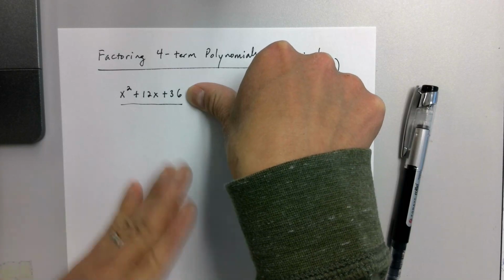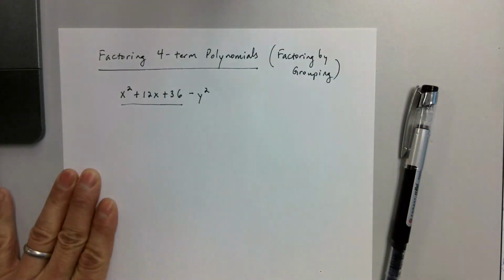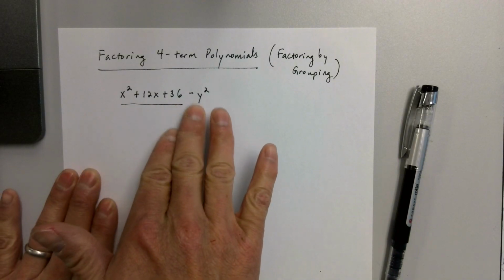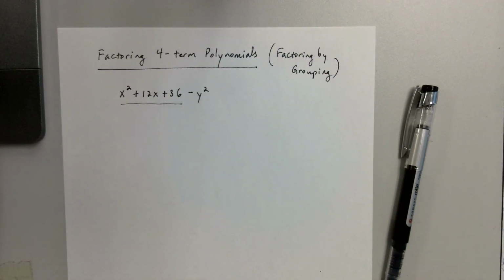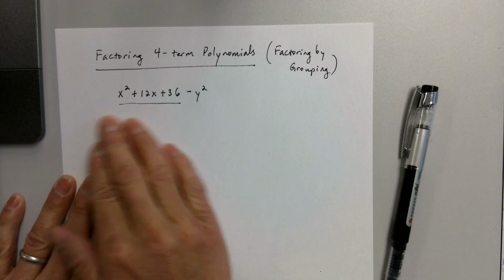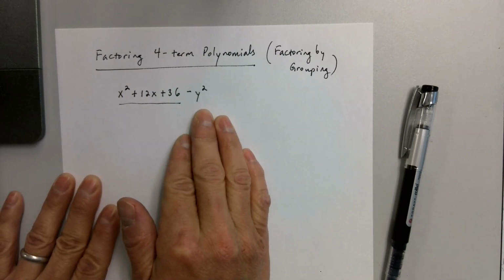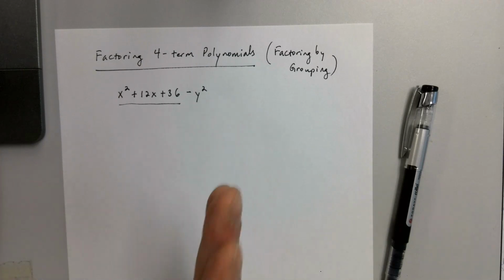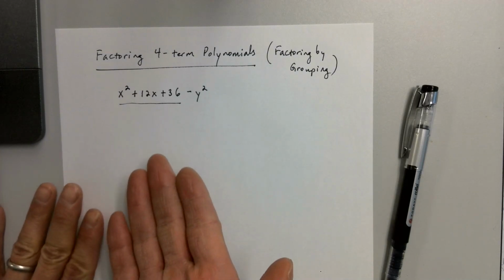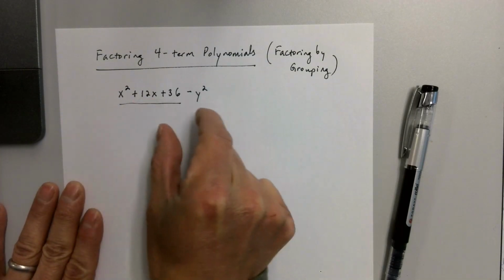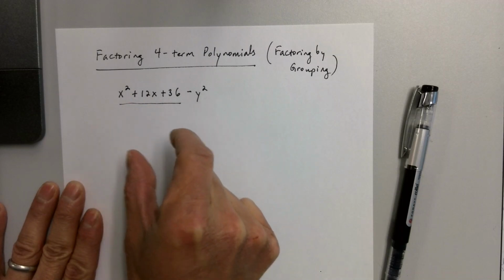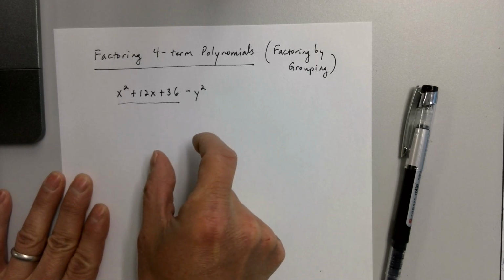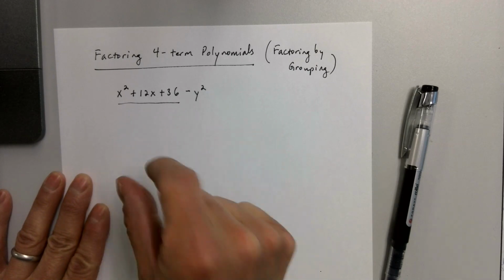However, this is not a trinomial. This is a four-term polynomial. It's not just that, it's that minus y squared. So at first glance, this four-term polynomial might look daunting, it might look intimidating. But what I want you to start looking at is pieces of the four-term polynomial, seeing if portions of the polynomial do fit a pattern that we've used in the past.